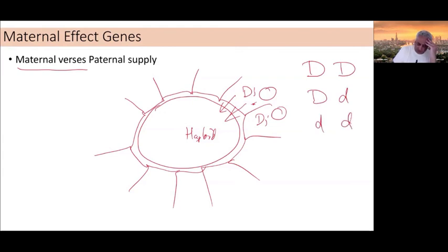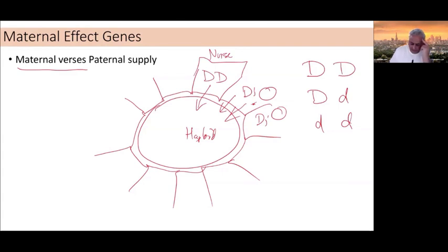So this refers to the mother's cells. So this nurse cell up here could be either one of these combinations, right? So if it's DD, then it's going to produce a chemical and leach that chemical into the developing egg. And when that egg gets fertilized, it's going to then have an impact on which way the animal develops, whether it's going to have a right-handed or left-handed shell.